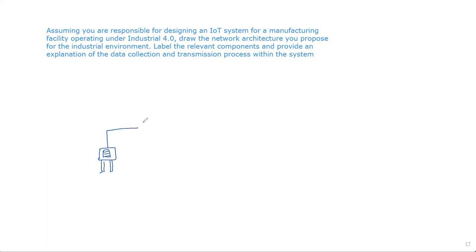These sensors are connected to a central processing unit, which we will call PLCs. A number of sensors will be connected to this PLC, along with different types of input devices, such as user interfaces like computers and other processing devices.